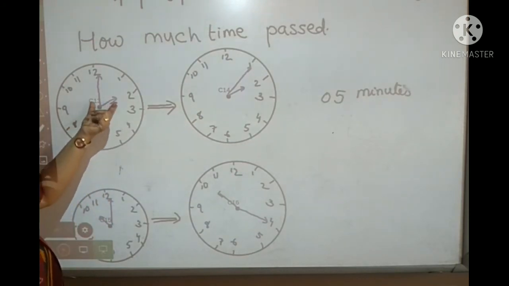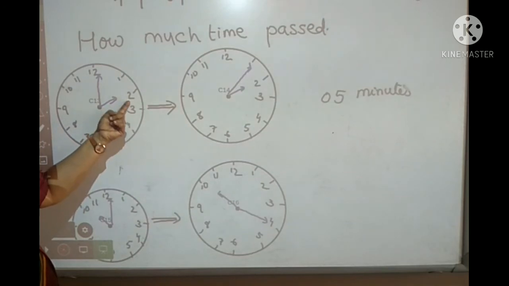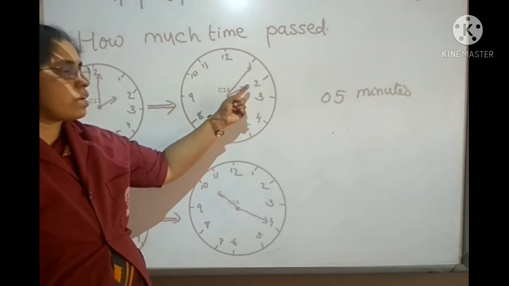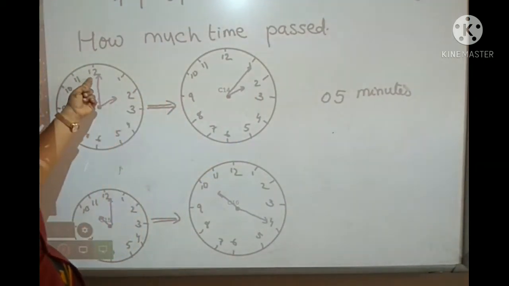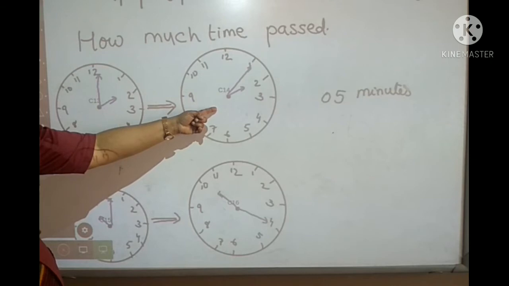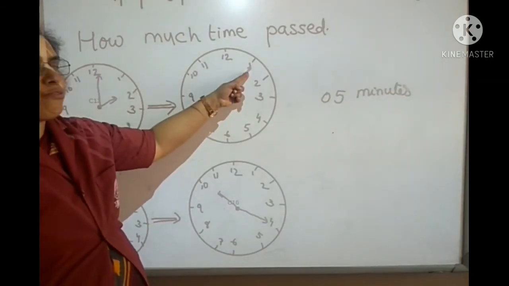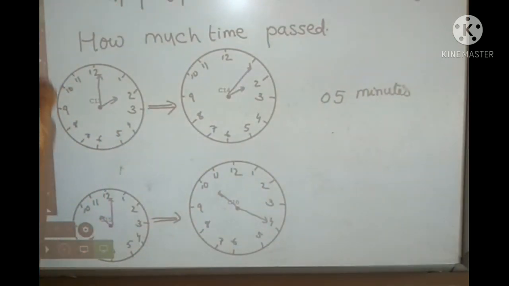Understood? The minute hand is on 12, the hour hand is between 2 and 3, and here the minute hand is on 1 and the hour hand is on 2. That means your minute hand has changed from 12 to 1. In the second clock, the minute hand, 5 minutes pass.